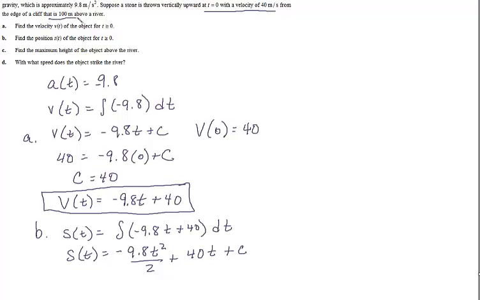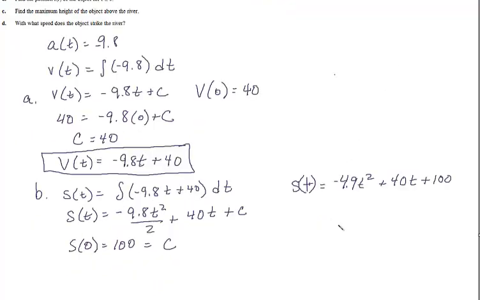At the very beginning, it's 100 meters above the water. That's what his position is. So s of 0 equals 100, which I'm going to plug in 0 to all those, which would then end up being the c. So s of t is then negative 9.8 over 2, which is negative 4.9, t squared plus 40t plus 100.